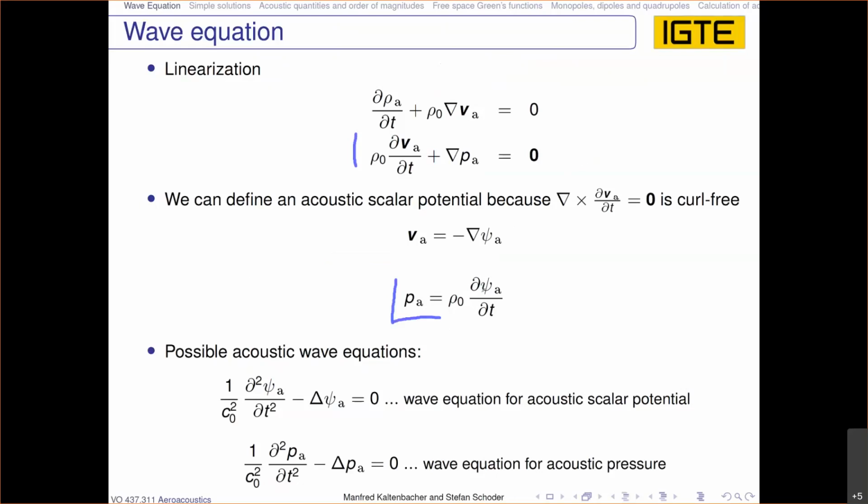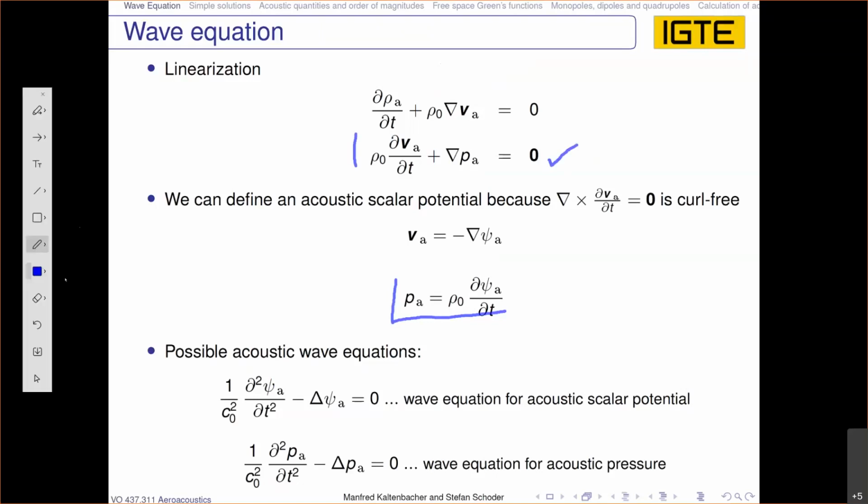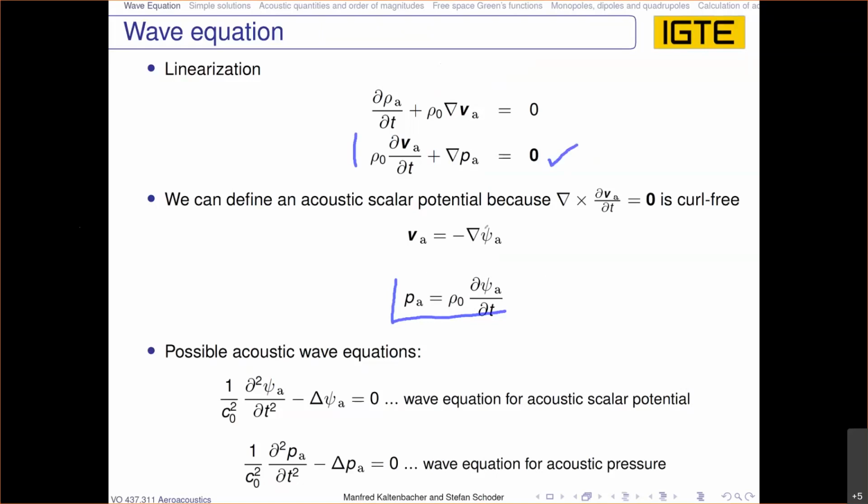So, the second equation here, which is the linearized momentum equation, is fulfilled when we set the acoustic pressure by the time derivative of the scalar potential scaled by the mean density. So this equation is fulfilled. What we now need is to also fulfill the conservation of mass, and that is done as follows. We put in this relation here, and we put in this here again.